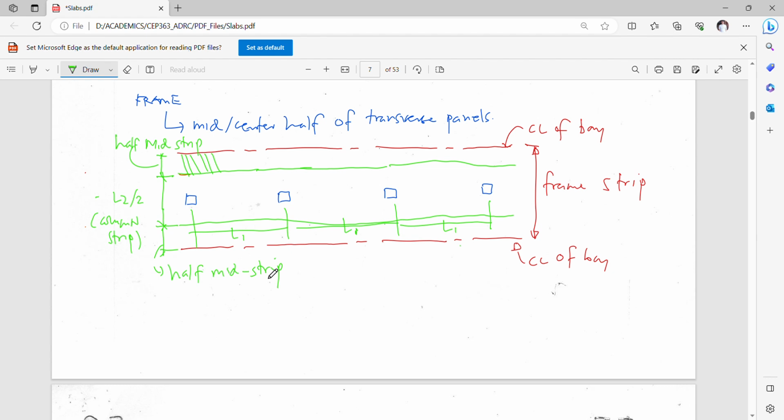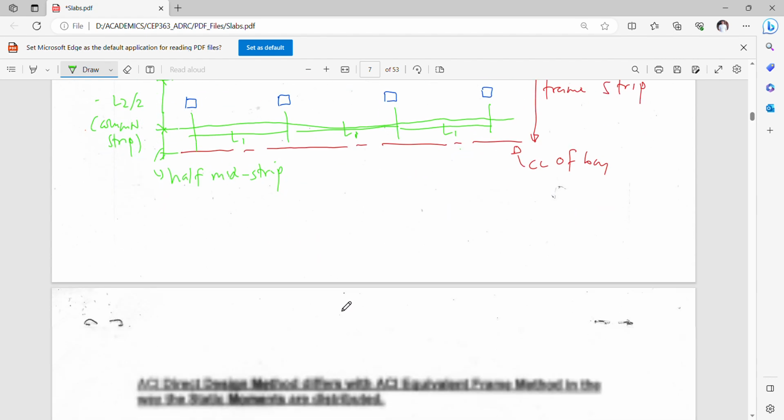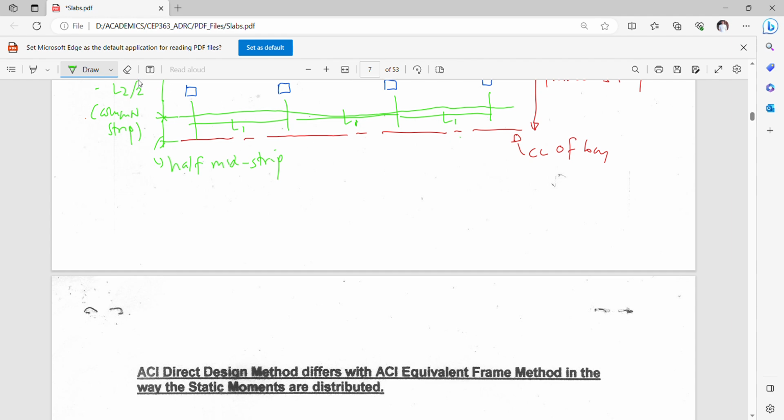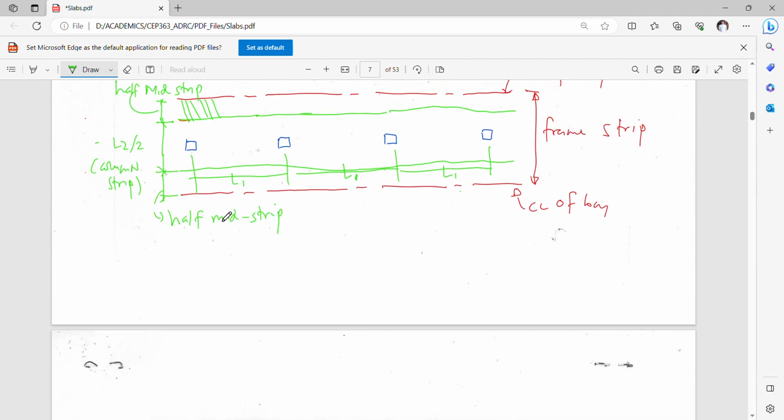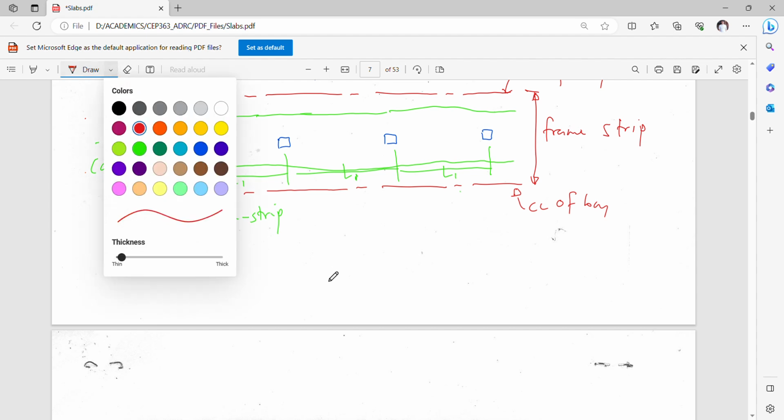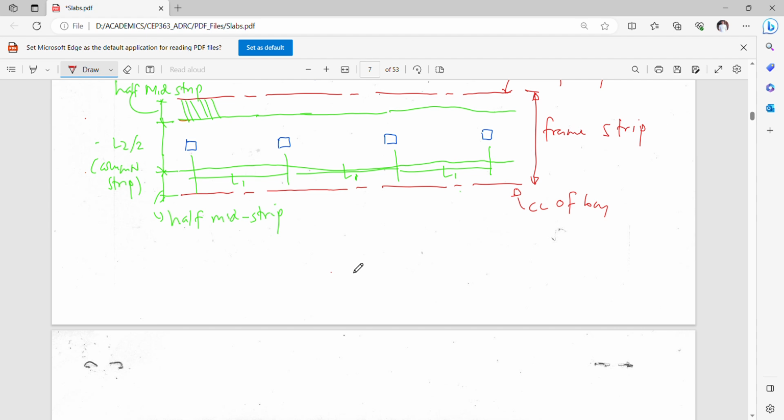In short, guys, your base section, or your frame strip section, will be defined in terms of this. Your frame strip section will start from the extremities, which is composed of the slab and the beam, if there's a beam, and the column.